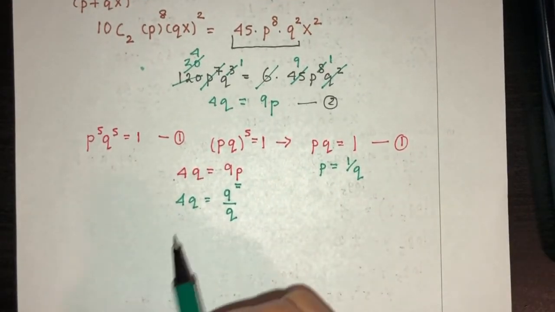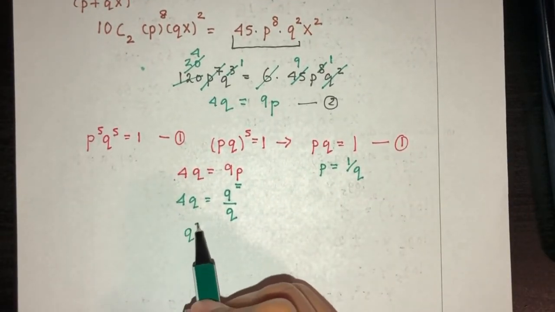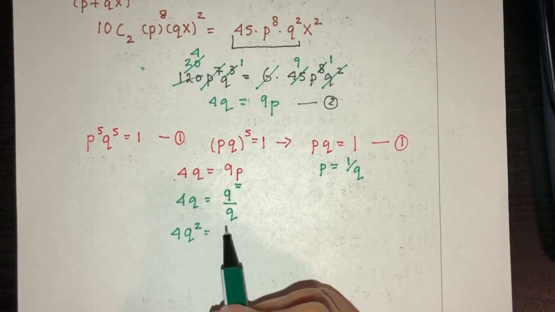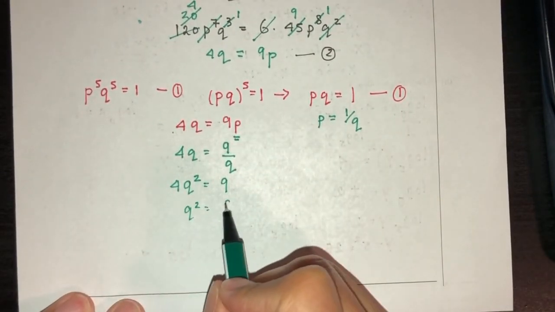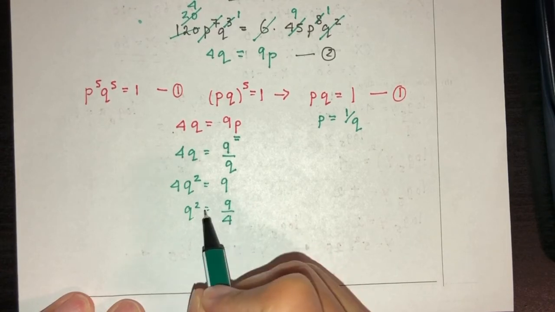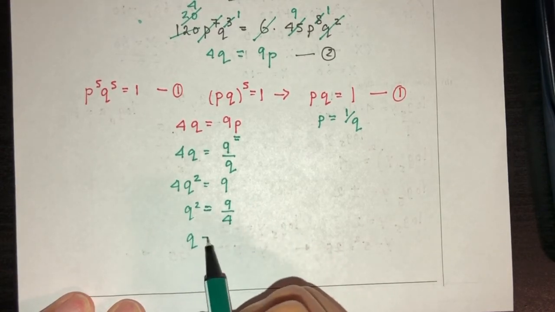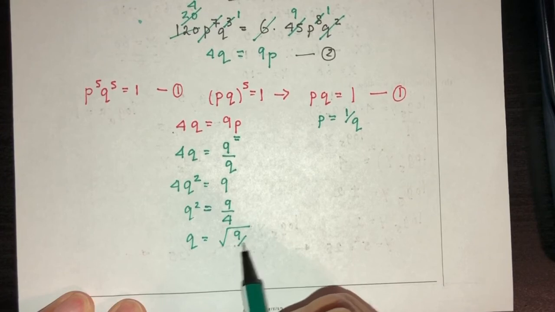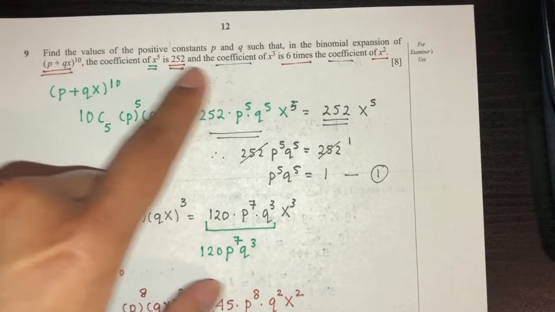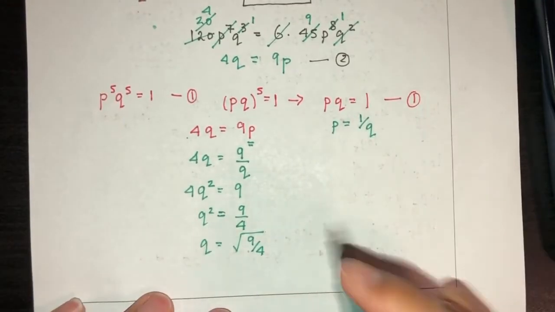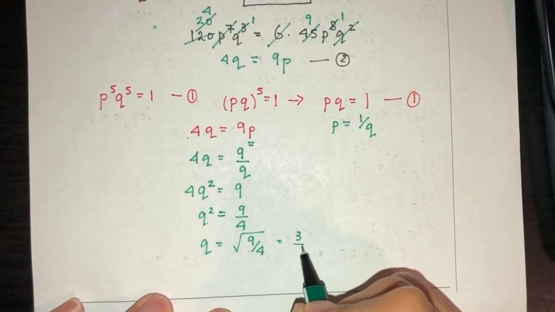Now we can cross multiply. You will have 4q squared is equal to 9, so q squared is equal to 9 over 4. Now q is equal to square root of 9 over 4. It says we only have to take the positive value of these two, so take the positive value, that will be equal to 3 over 2.